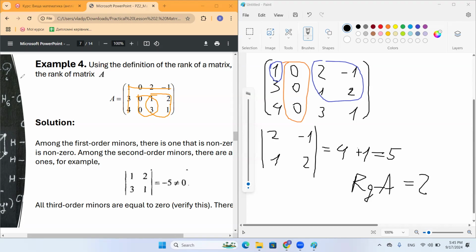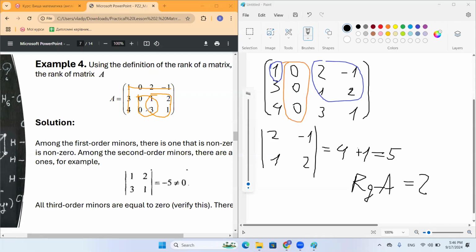Do you have any questions about it? Maybe someone else? Yeah, I have. We can use the last minor. Can we use the one without the second column? Do you mean use this minor, right?